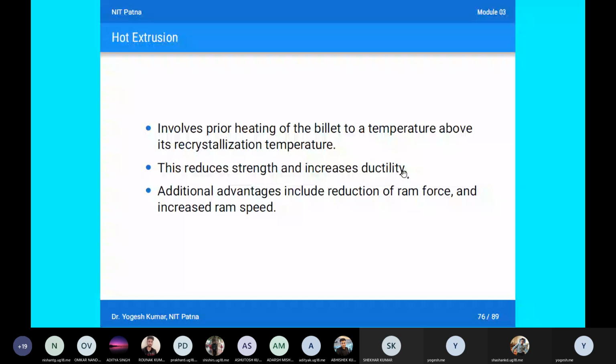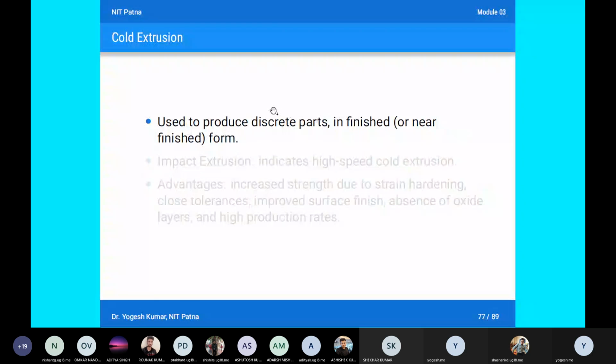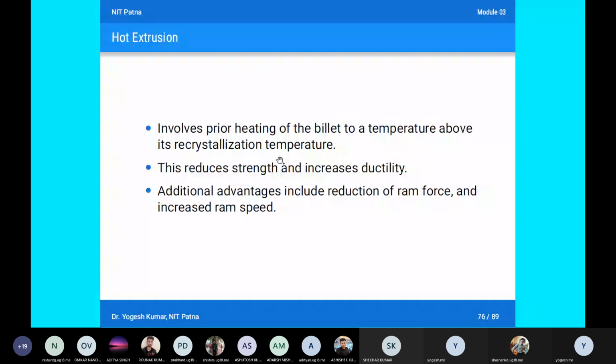Because of this reduced strength and increased ductility, there is a reduction in the ram force and an increase in the ram speed. Okay, so this was all about hot extrusion.